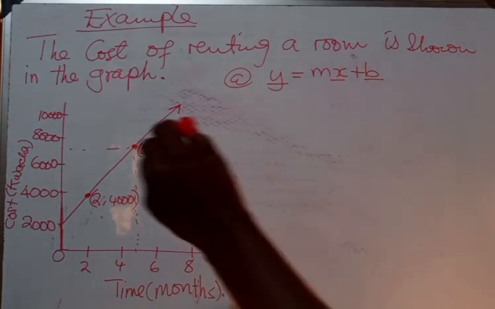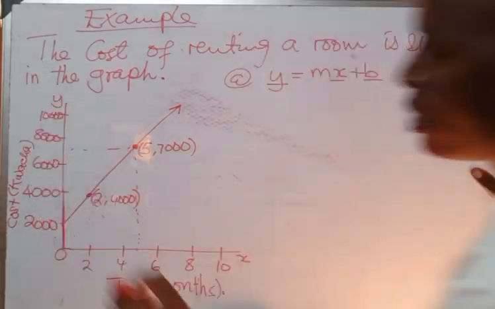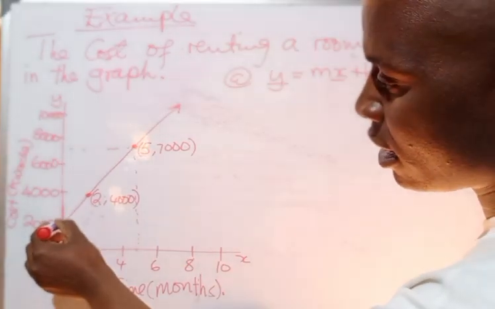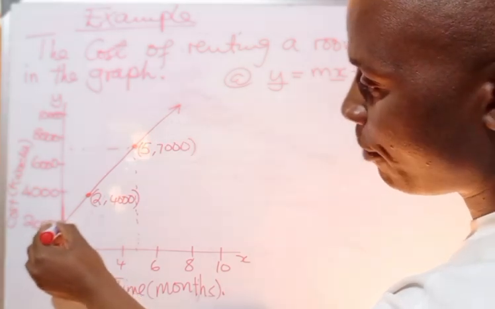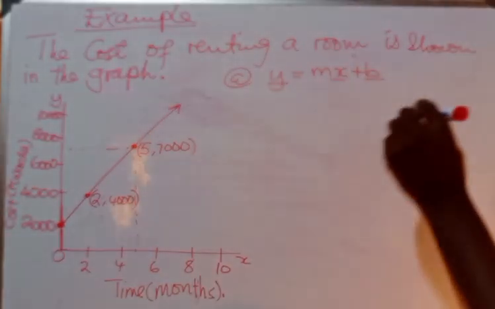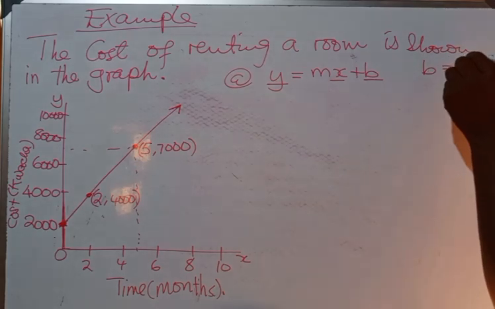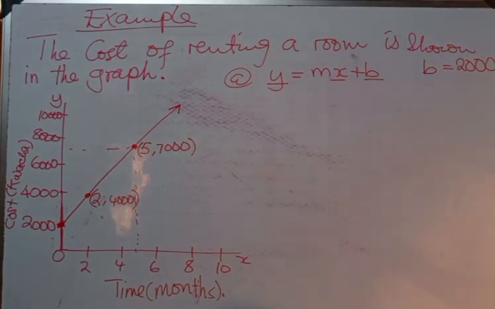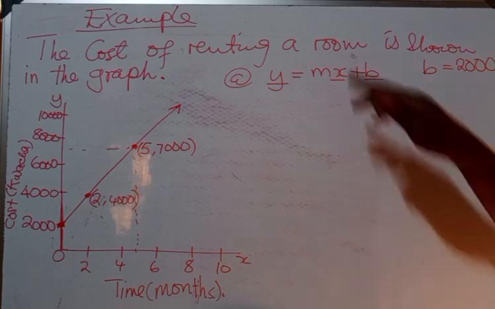If you look at our graph, this is the y-axis. Where is this line crossing the y-axis? What is the value of y there? So the value of b is 2,000. That is the constant number. Now coming to finding m.